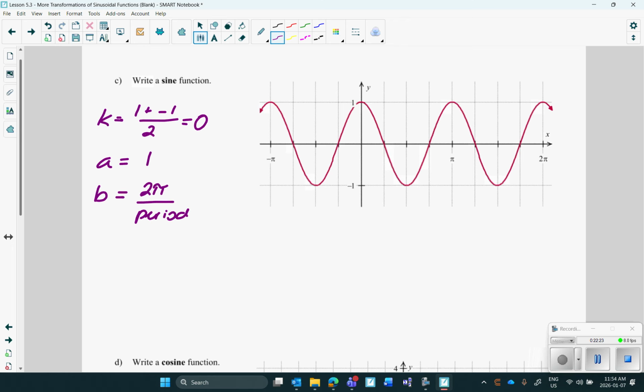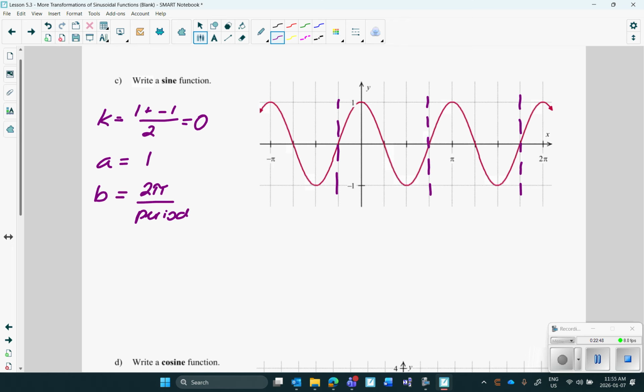You need to find where the sine cycle starts and finishes. Well, you've actually got a couple of choices. Here's where one starts and finishes. Or some of you may have chosen this one. Both are fine.